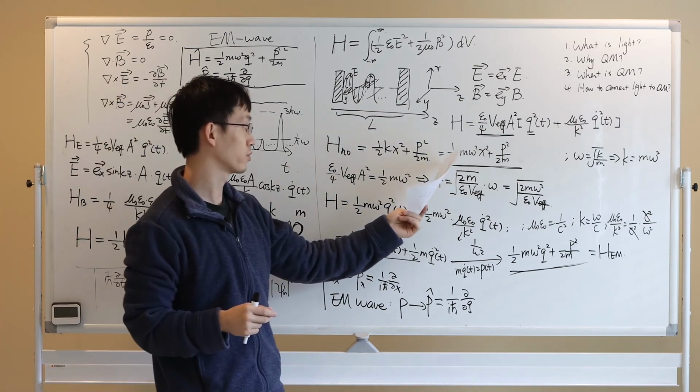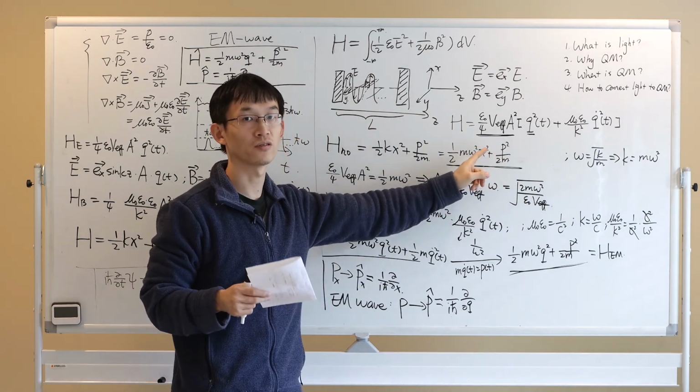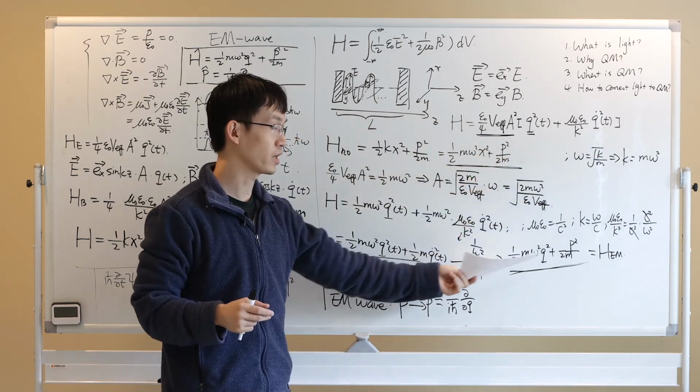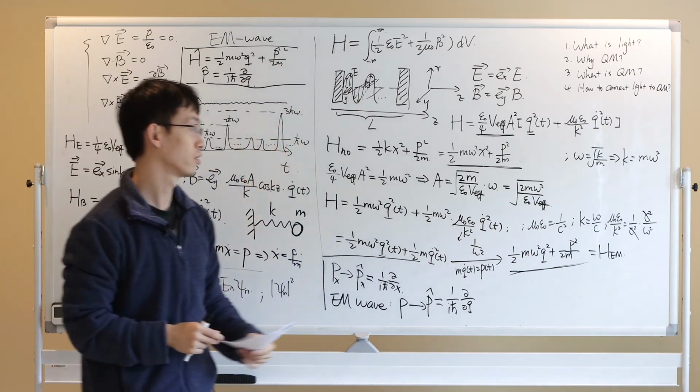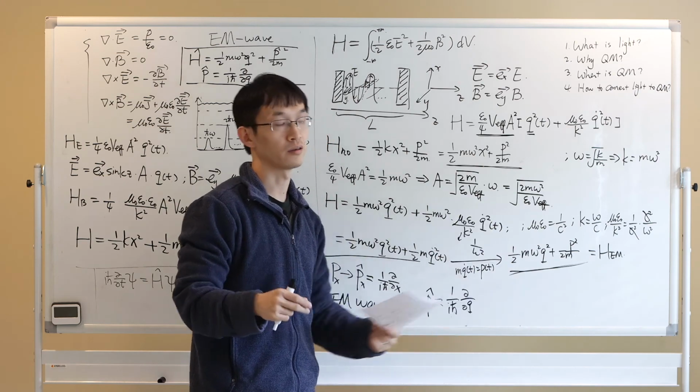Because you can do this for x and p, for position and momentum, and because mathematically this is a generalized position and momentum, you can do that to this as well, because mathematically they are the same.